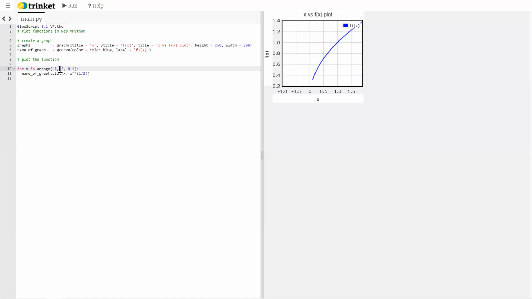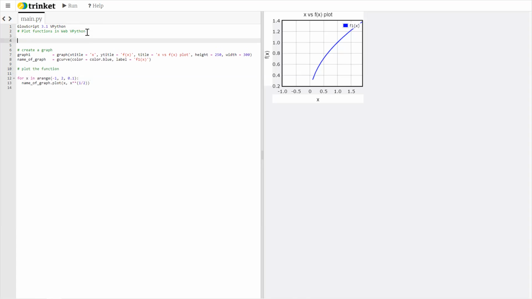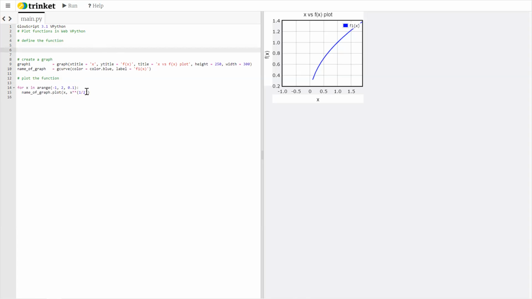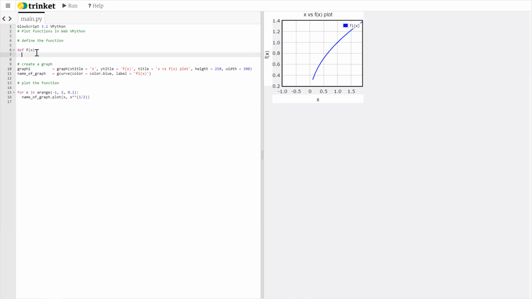So another way of representing this function is to define the function itself. Instead of writing it here, we can just call the function f of x. So let's say define f of x. This function takes x as the input, and then it will give you the value for f of x.